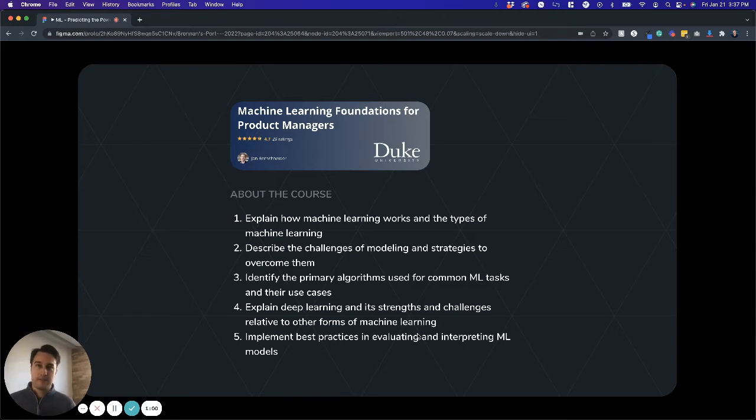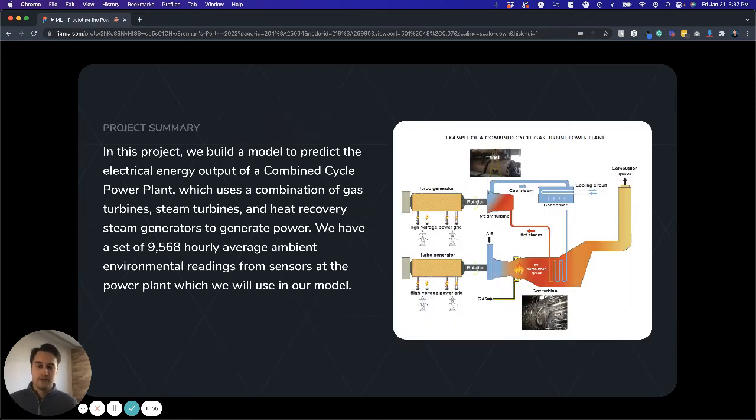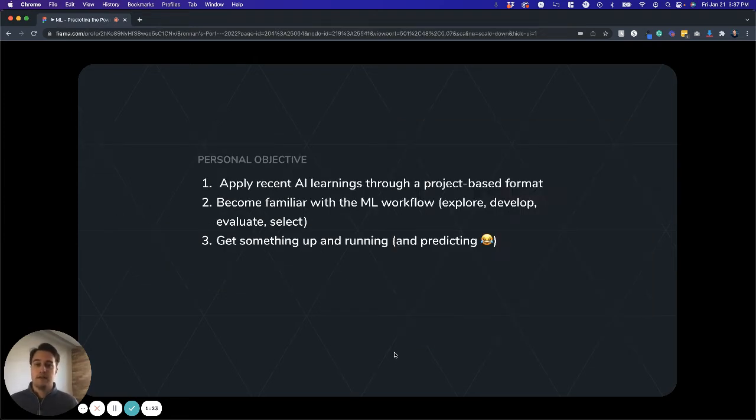And so this is my capstone project for this course, which is the final project. And I'm going to walk you through that today. So the project is to predict the hourly energy output for a power plant. And I'm going to talk through the data that we'll be assessing and evaluating.